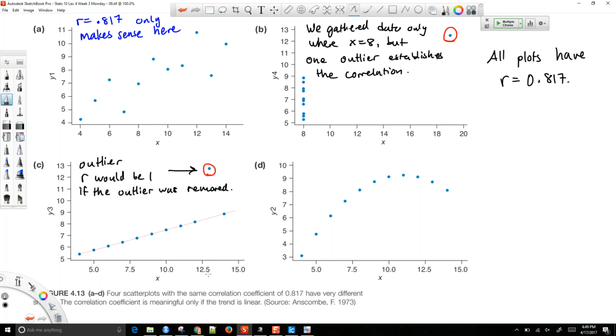And if you repeatedly get values here, then you've got some kind of interesting phenomenon, where everywhere else, as x increases, y tends to increase, okay? It could be a typo, could be a real phenomenon.